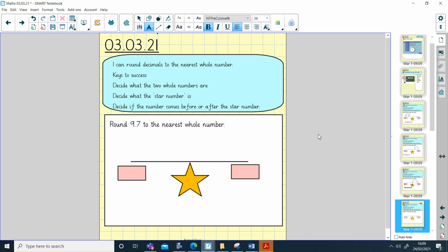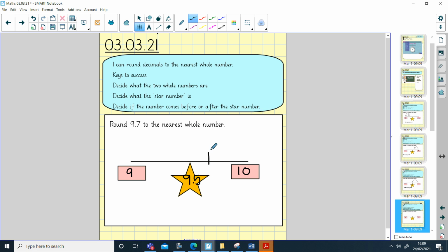Okay, let's have a look at 9.7 together then, children. So we've got 9.7. Thinking about my two whole numbers, it could round down to 9, or my next number would be up to 10. 9 in my star with my 0.5, and then I'm deciding where 9.7 would be.